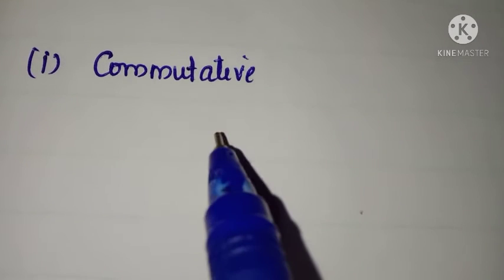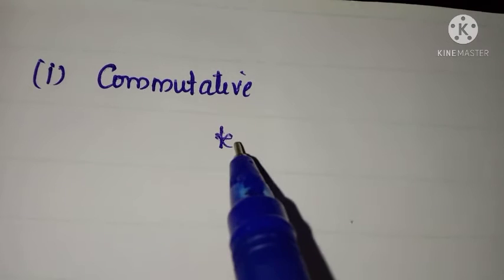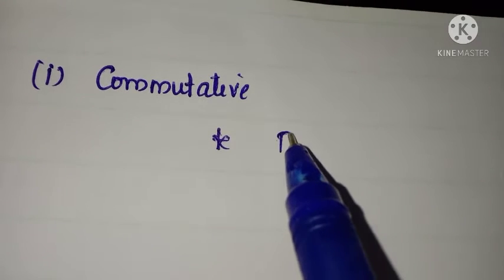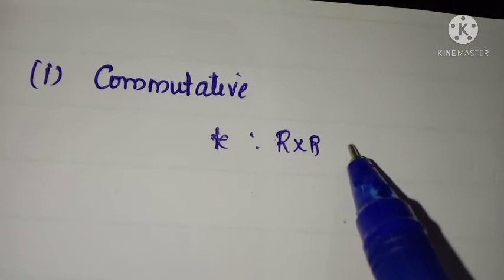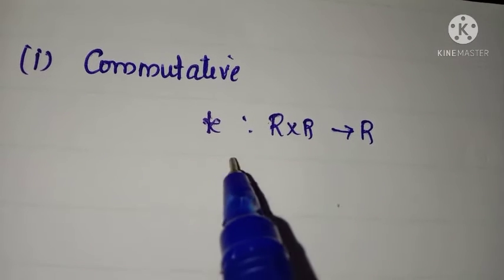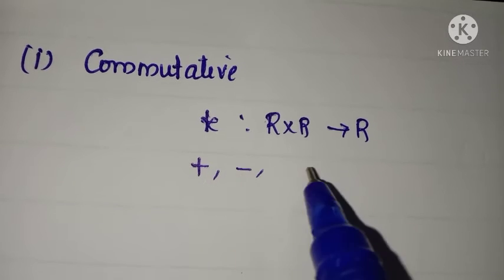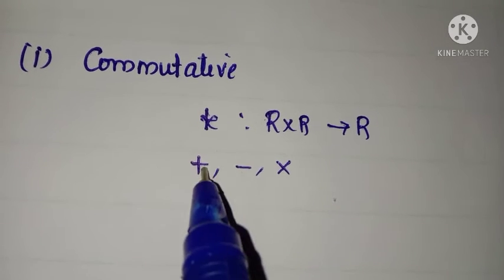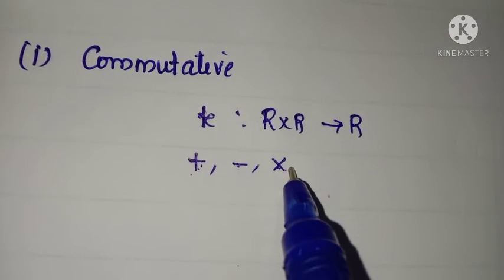Listen, suppose we have an operation star defined on the set R cross R to R. R means the set of all real numbers. So we can say that addition, subtraction and multiplication are all binary operations.